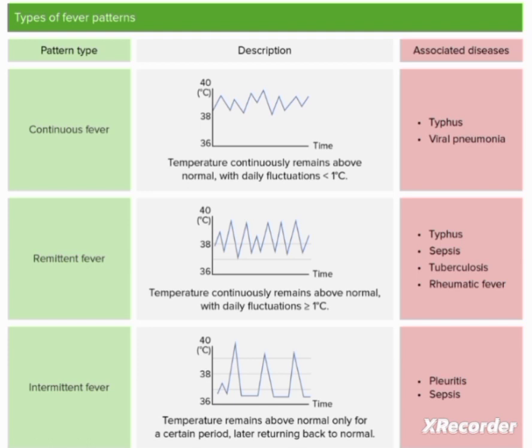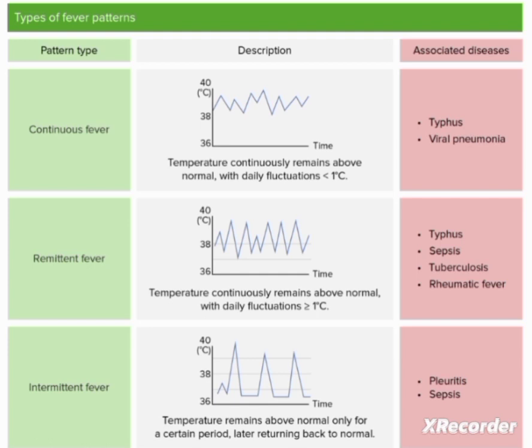It does not reach normal temperature. So that is known as remittent fever. It occurs in typhus, sepsis, tuberculosis and rheumatic fever. So remittent fever means temperature continuously remains above normal with daily fluctuations greater than 1 degree Celsius.